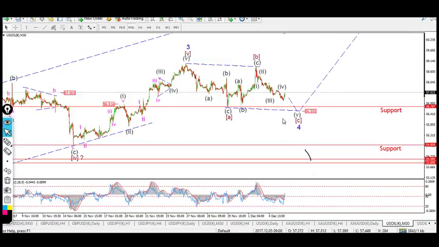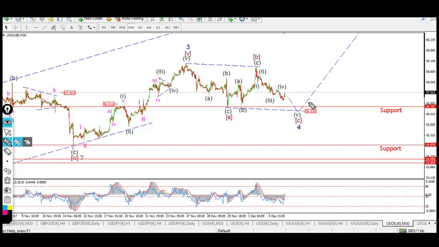Okay, so crude oil. Crude oil seems to be completing a flat correction in wave 4 blue. We're operating at quite a high degree here, so the next rally up, should we see it, should be significant enough. We're talking about 1,300 points, 1,200 points, something like that in wave 5 blue.